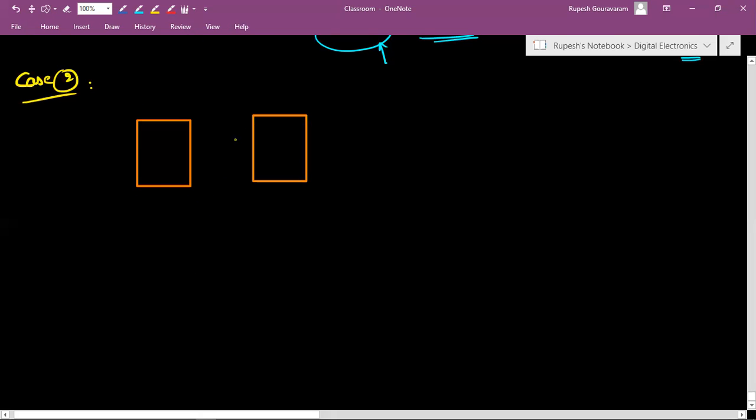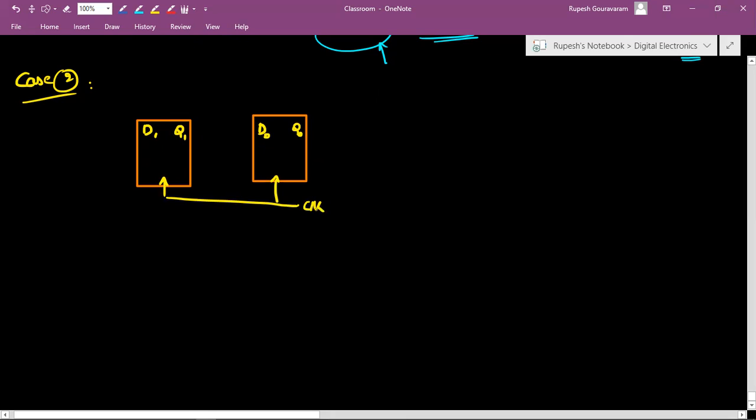Okay. Now there are two flip-flops here. Let us take this as a D1 flip-flop and this is D0 flip-flop. The output is Q1 here and the output will be Q0 here. And both are supplied to the same clock only.